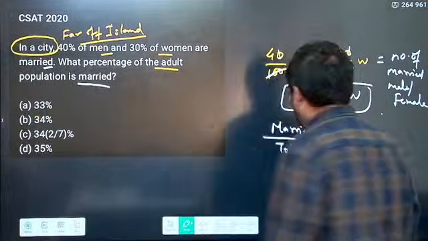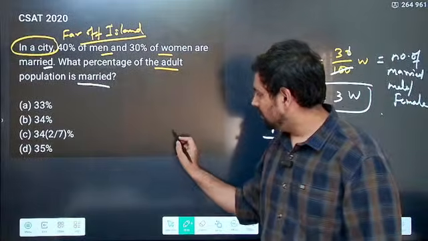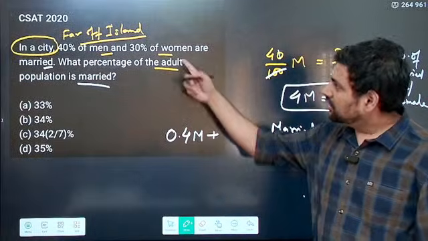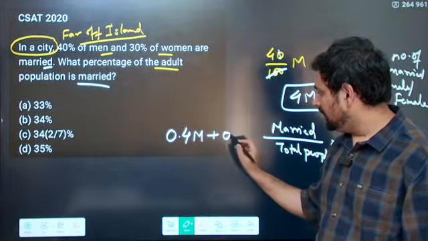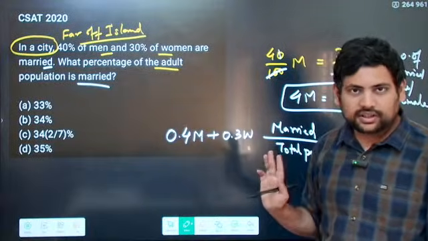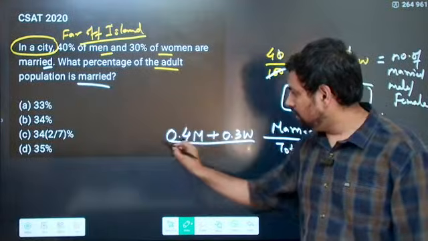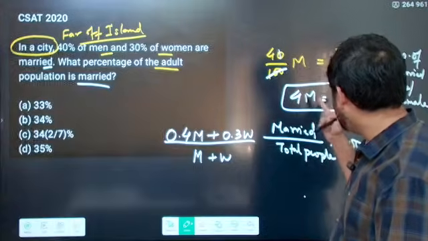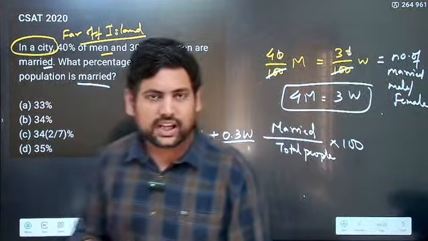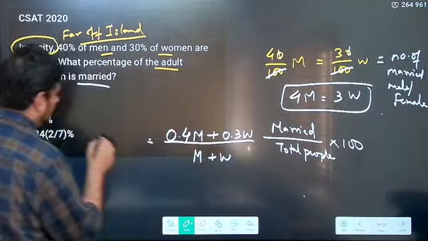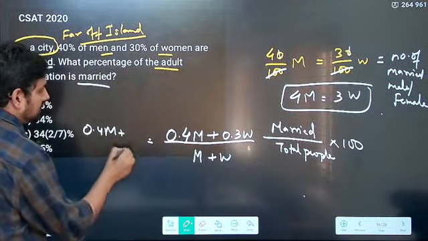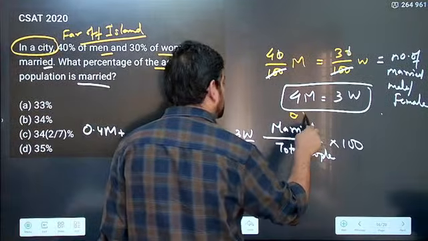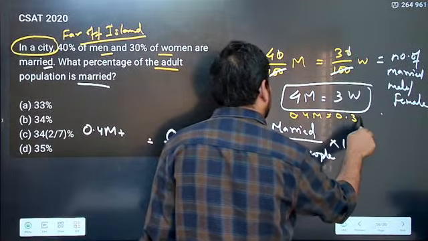Now, 40% of men are married, so I write 0.4 M. And how many women are married? 30% of women, so 0.3 W. This is correct. These many women are married, upon total people, which is M plus W. Now you just have to put the value of M or W any way you like. So this becomes 0.4 M plus 0.3 W, and from here I can write 0.4 M is equal to 0.3 W.